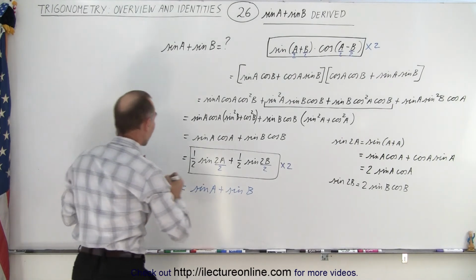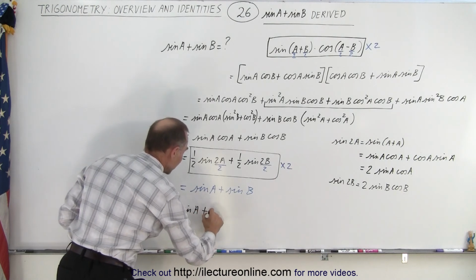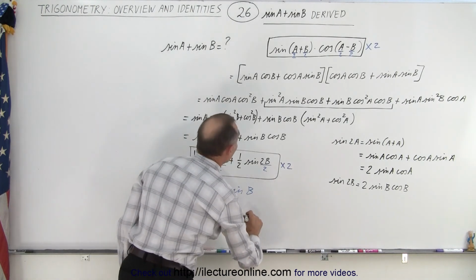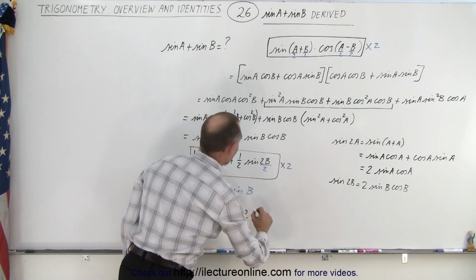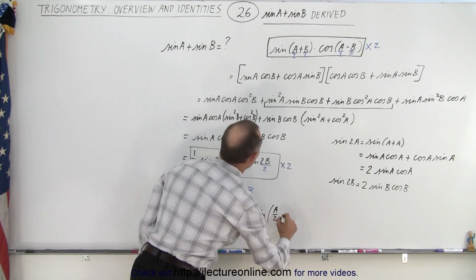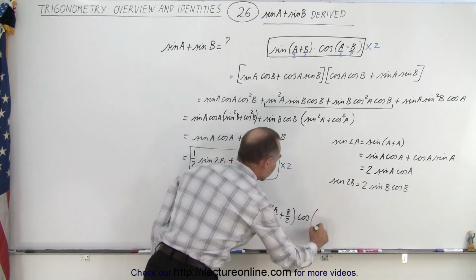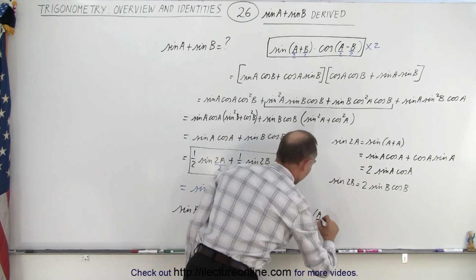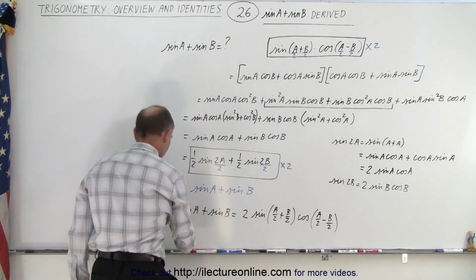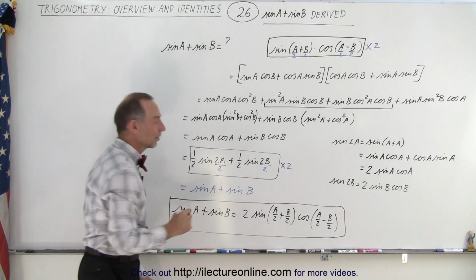So finally, I can write that the sine of a plus the sine of b is equal to 2 times the sine of a over 2 plus b over 2 times the cosine of a over 2 minus b over 2. And that here is the equivalent to the sine of a plus the sine of b.